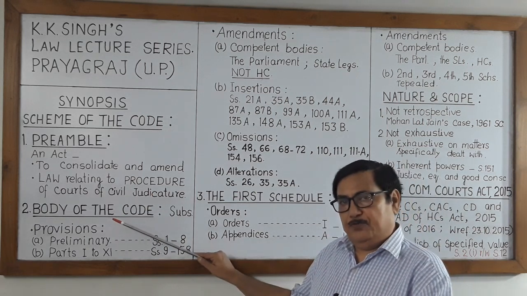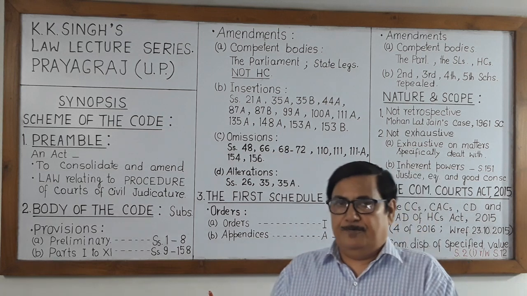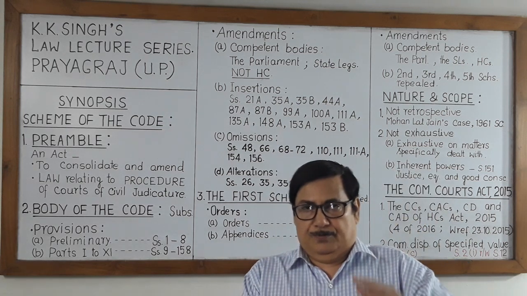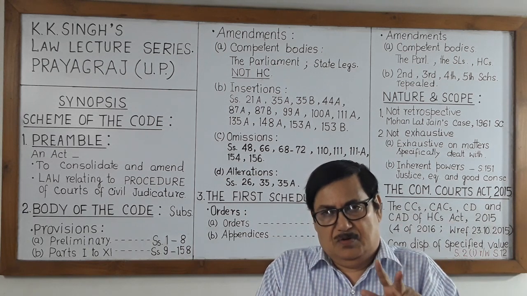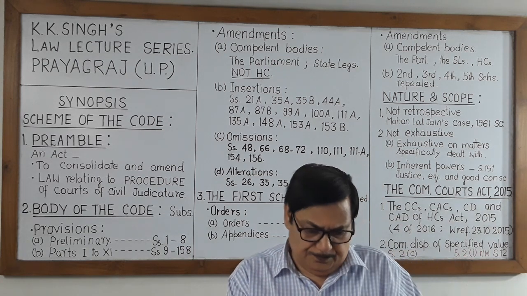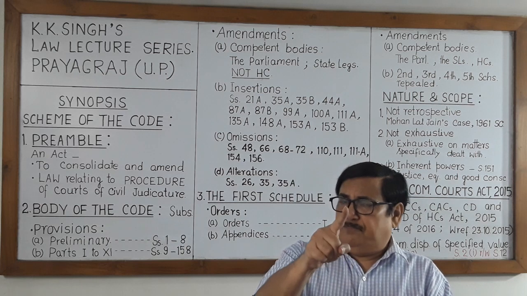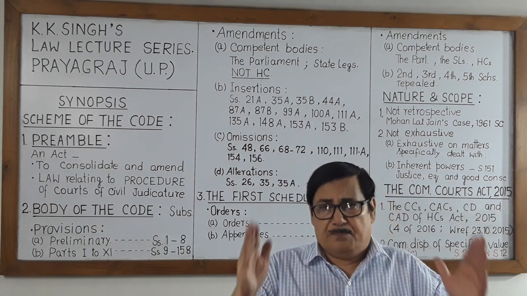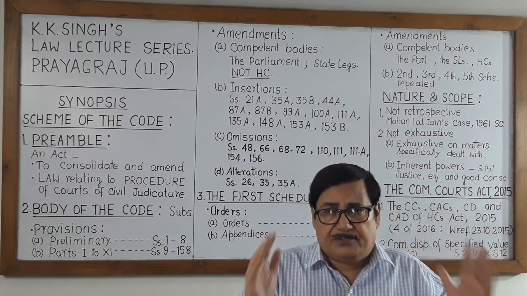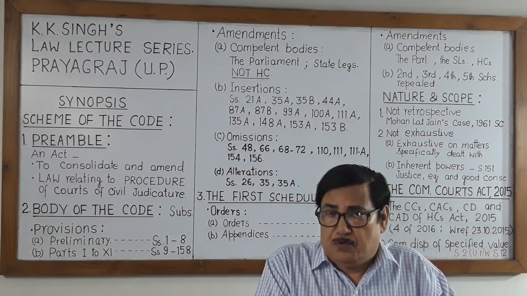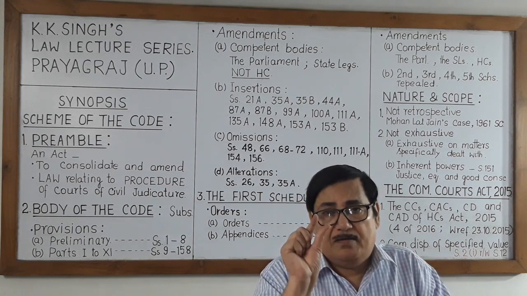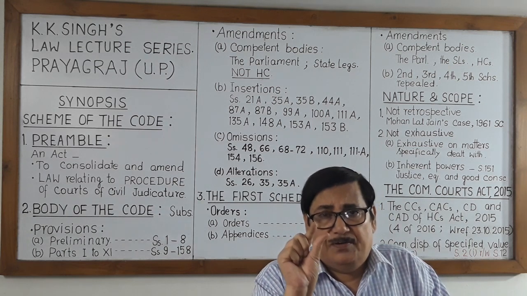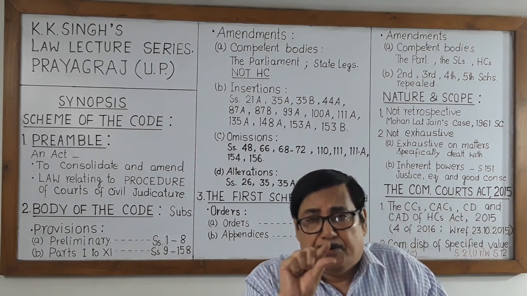Now, body of the code. Scheme. First, preamble. Now, second, body of the code. Body of the code comprises 11 parts, and one caption, preliminary.